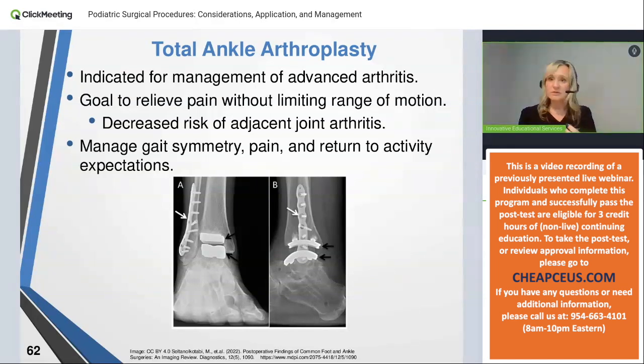Do not expect symmetry between both sides for the patient post-operatively. Strength, they do say, still remains somewhat limited for these patients. High impact activities in terms of work and sports is going to decrease the lifespan of these types of implants.